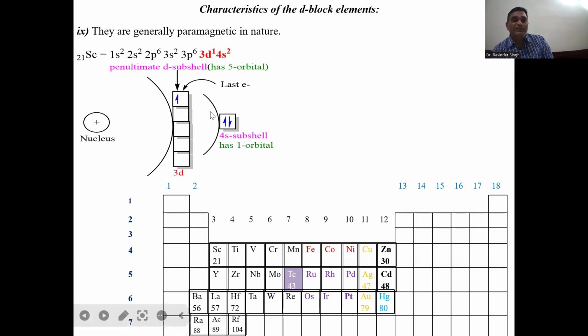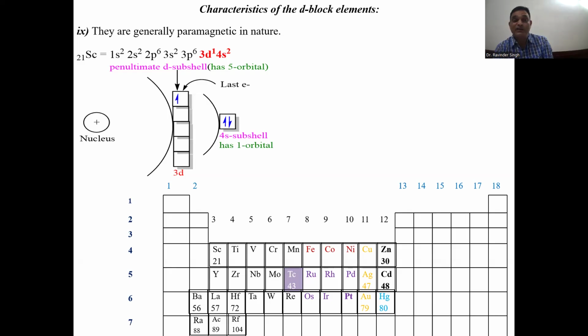So for iron, you fill the six electrons 1, 2, 3, 4, 5 and 6, meaning pairing of the electrons takes place. So after manganese, the pairing of electrons takes place. On moving from scandium to zinc, the number of unpaired electrons initially increases up to chromium, which has six unpaired electrons, then five in manganese, and after that pairing of the electrons takes place.